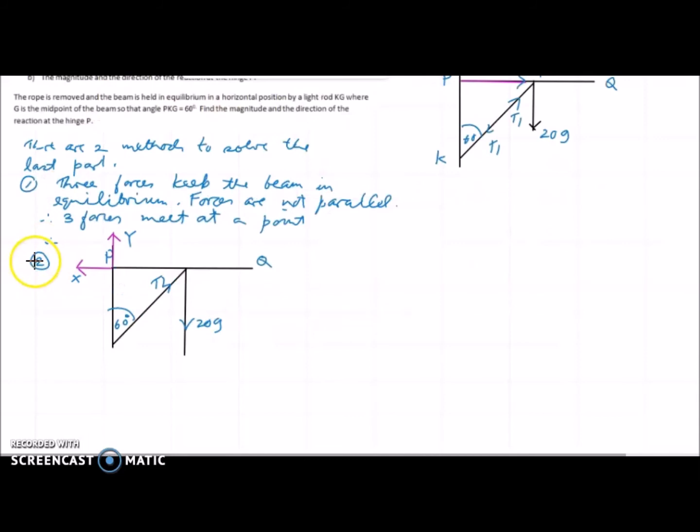Now this is the second method. Let the vertical component of the reaction be y1 and the horizontal component of the reaction be x1, as shown in the figure.